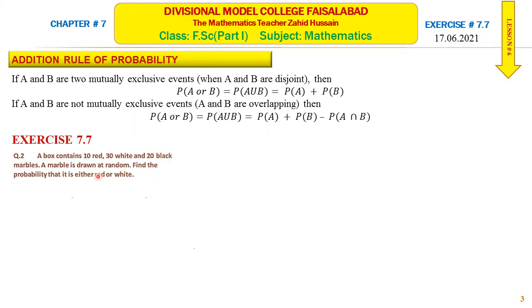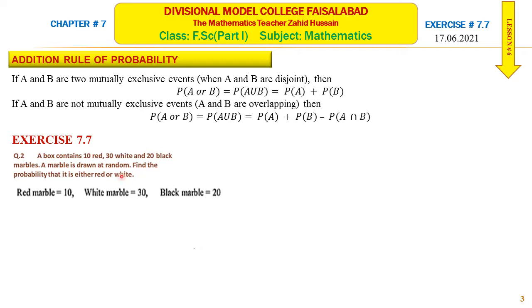So we will add the probability of red marbles and the probability of white marbles. So we need to find the total number of marbles, that is, the number of the sample space, and the events. In this case there are two events, one event in which there are red marbles, and one event in which there are white marbles.